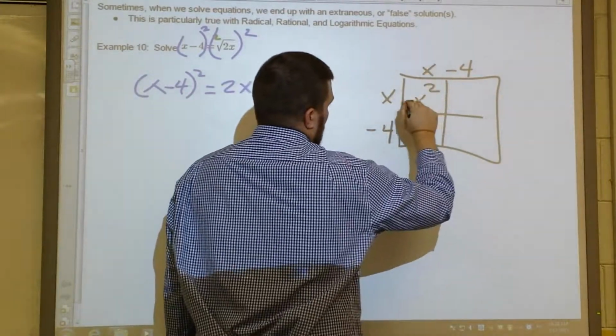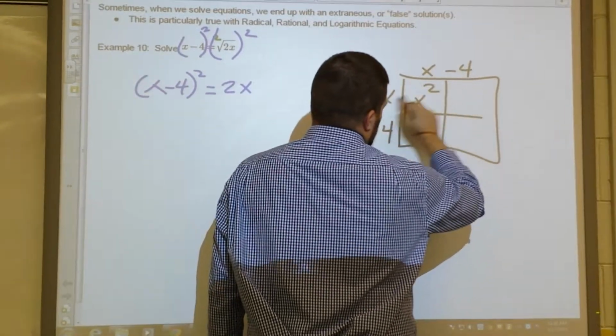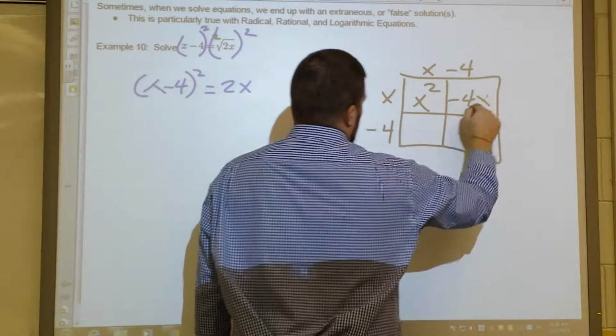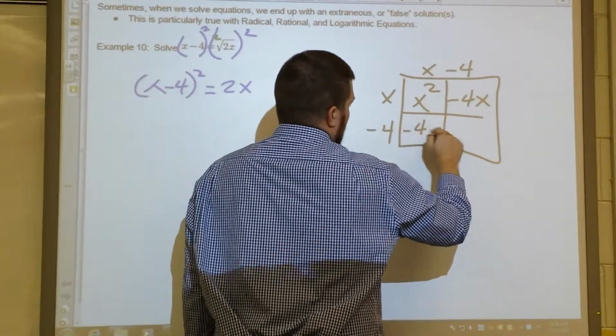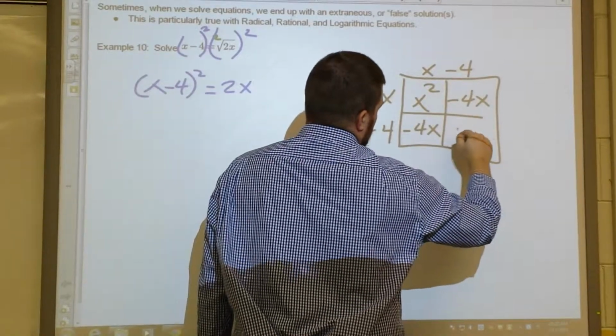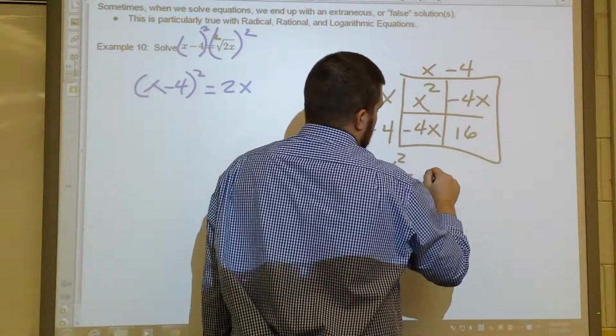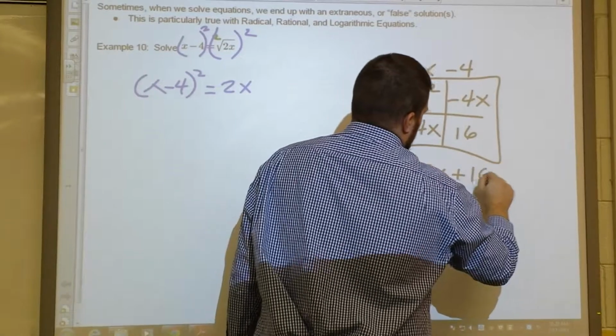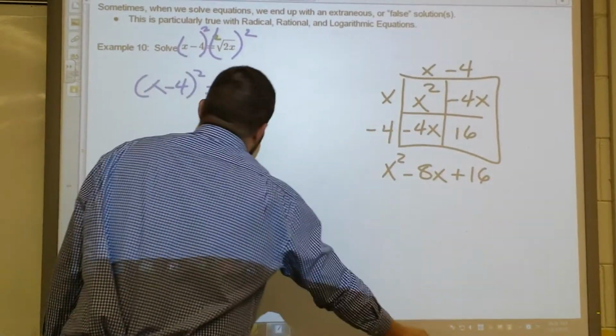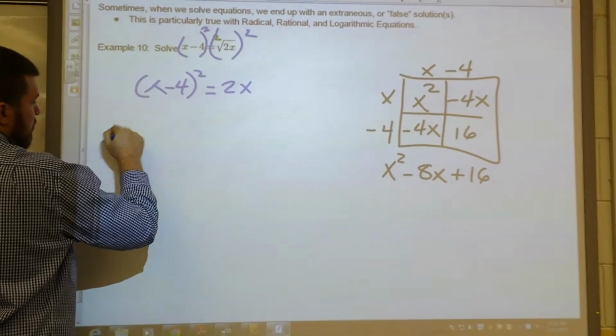So x times x is x squared. X times negative 4 is negative 4x. X times negative 4 is negative 4x. And then negative 4 times negative 4 is 16. Now I'm going to combine my like terms, so I have x squared minus 8x plus 16. So that took care of this piece over here on the left.